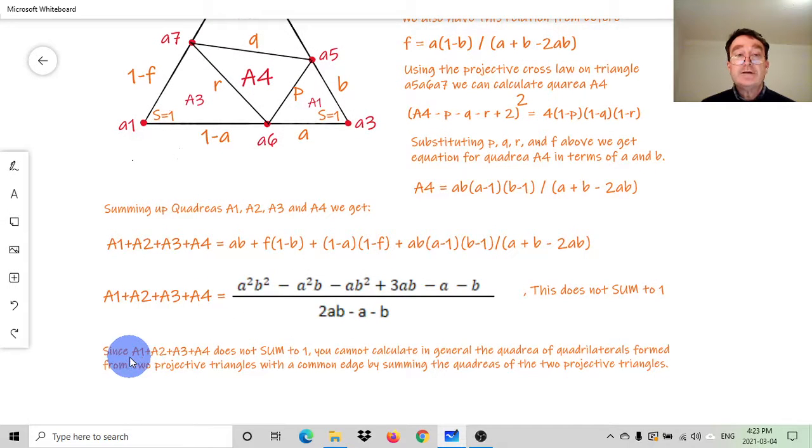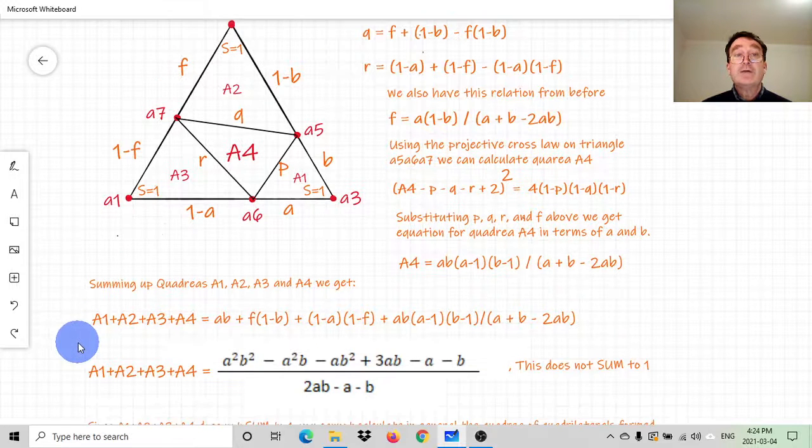So since A1 plus A2 plus A3 plus A4 does not sum to 1, you cannot calculate the general quadria of quadrilaterals formed from two projective triangles with a common edge by summing the quadrias of the two projective triangles.